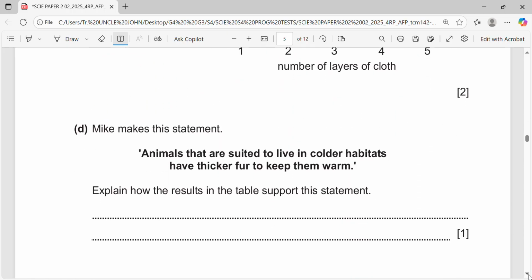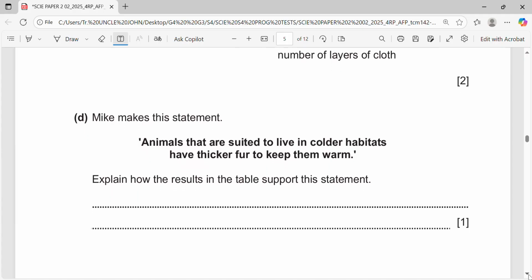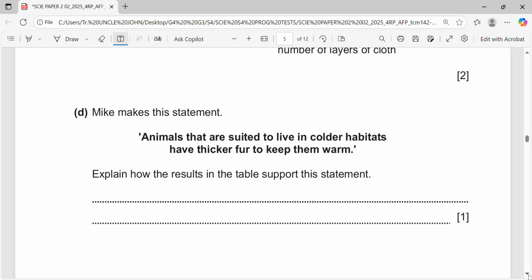Mike makes his statement. Animals that are suited to live in colder habitats have thicker fur to keep them warm. Explain how the results in the table support this statement.